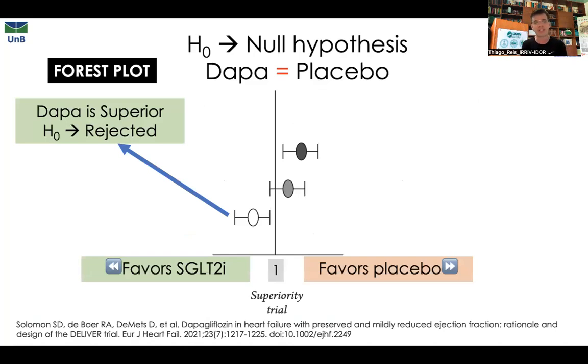This is the graphic representation called the forest plot. We have this line at the point of 1. If the results are on the right side of this line, we get a benefit of placebo.